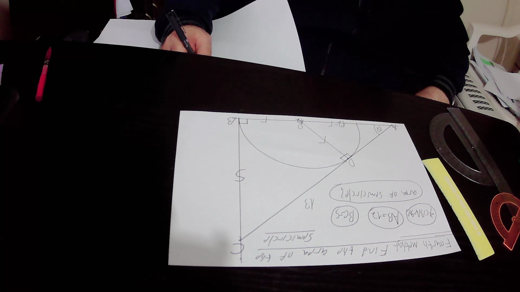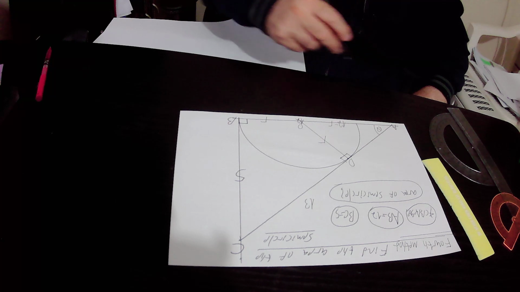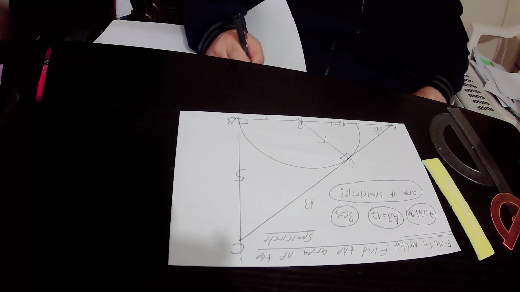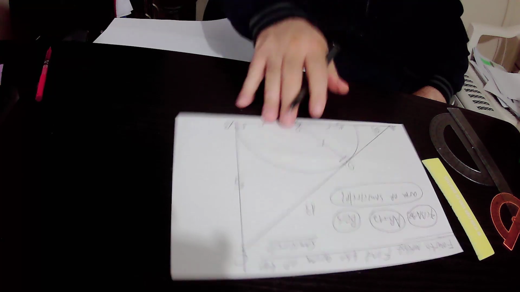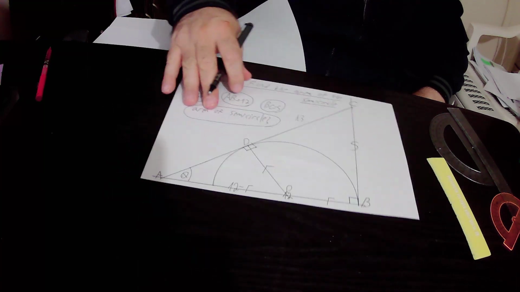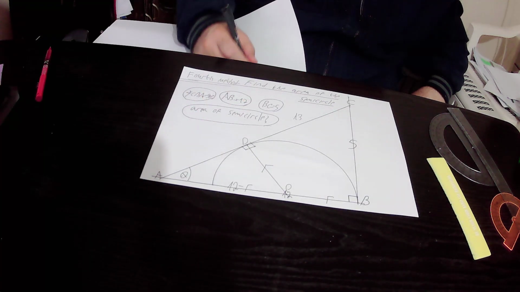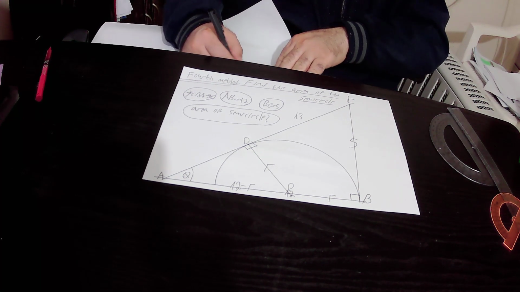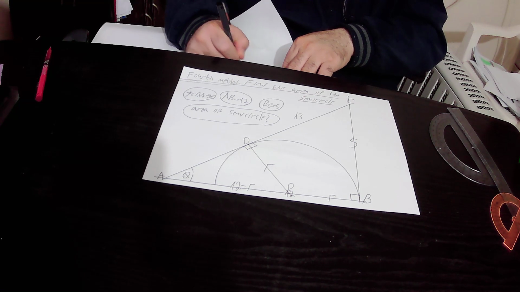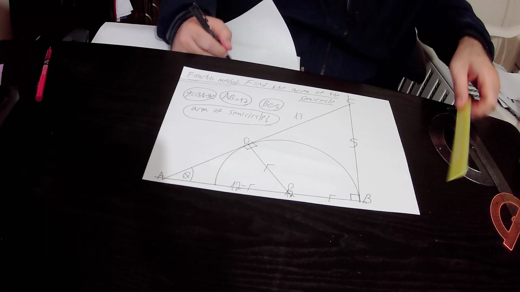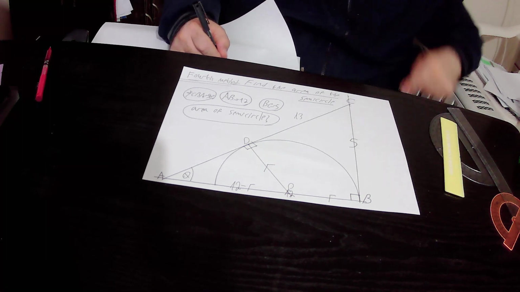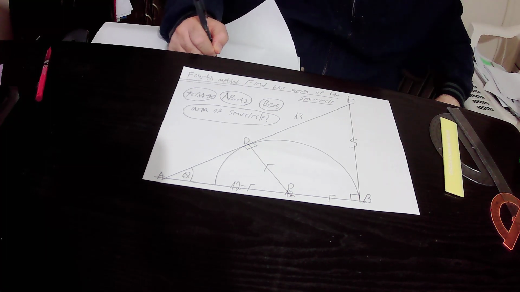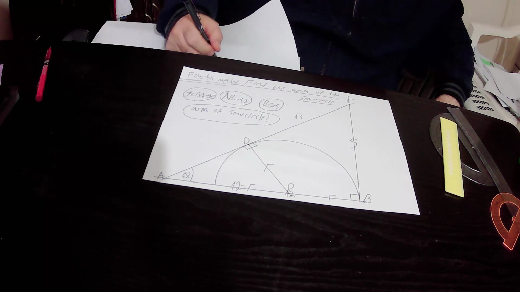In the big right triangle ABC, sine theta equals CB over AC.